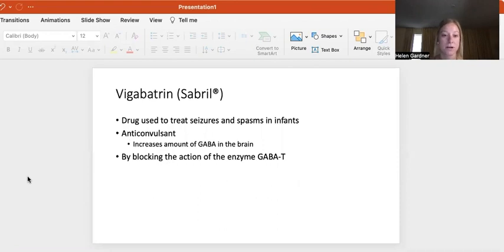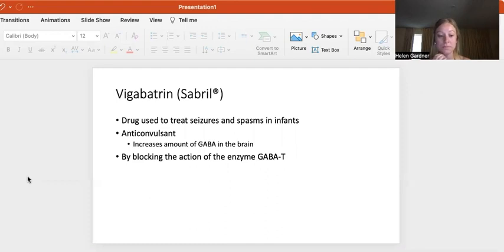Now I'm going to talk a little bit about the drug vigabatrin. Many medications have been developed that act on the GABA receptors, and this is an example of one. Vigabatrin, also known as Sabril, is a drug used to treat seizures and spasms in infants. It can also be used in adults as well.